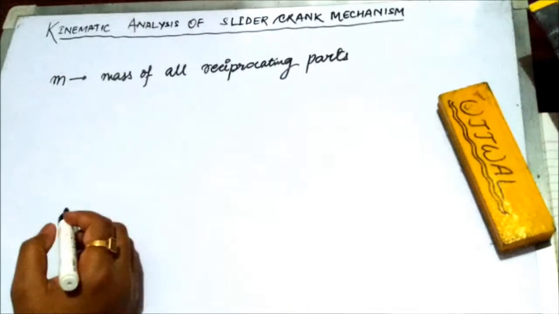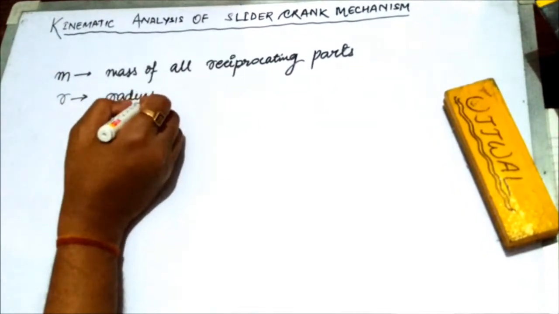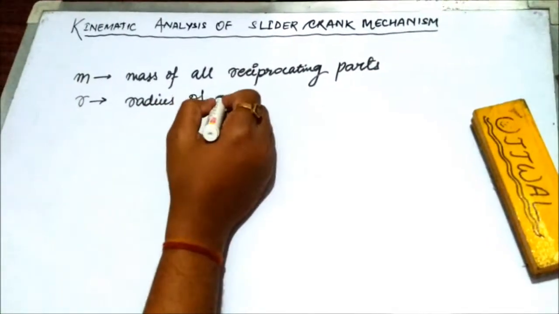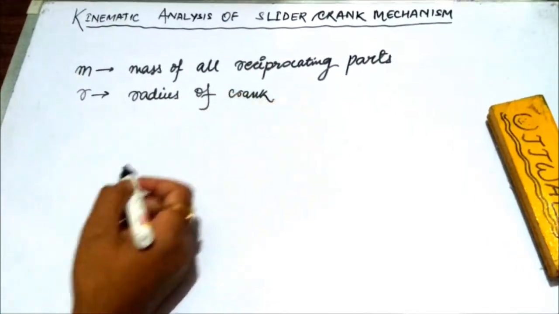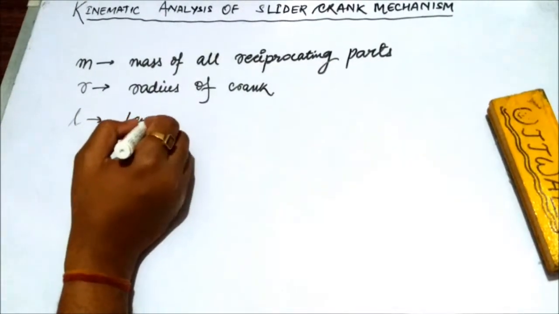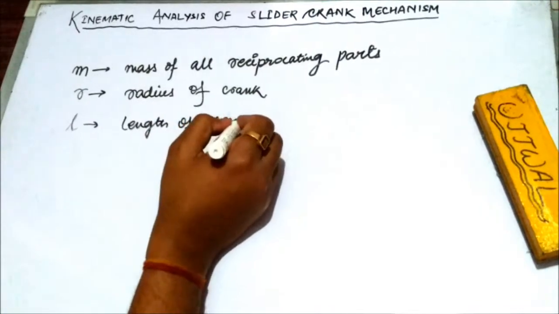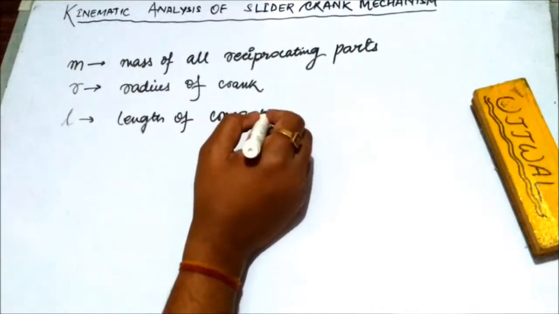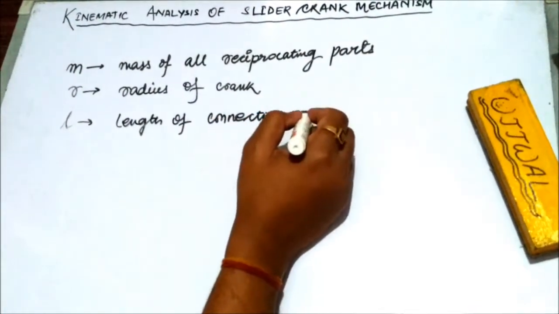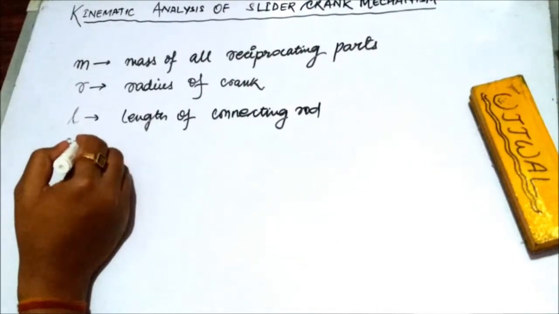Now the terms related to this topic: m is the mass of all the reciprocating parts. r is the radius, that is the length, of the crank, and L denotes the length of the connecting rod.